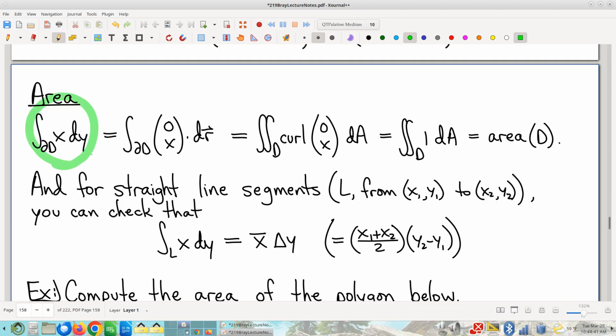Now, that's not the same integral as this integral. These are different. The top integral is over a boundary. This blue integral at the bottom is not over a boundary. It's over a line segment. So totally different in that sense, right?